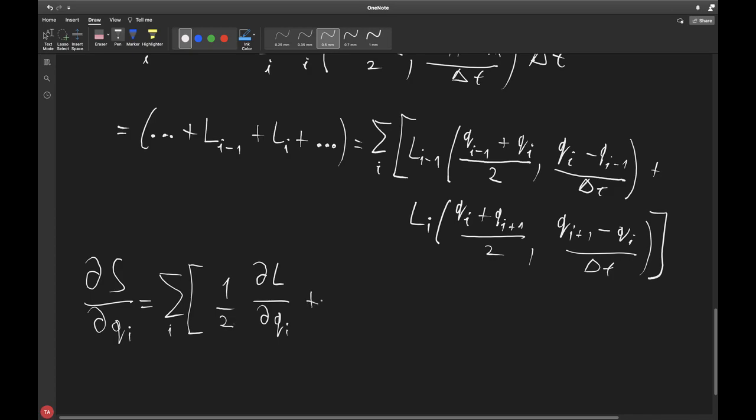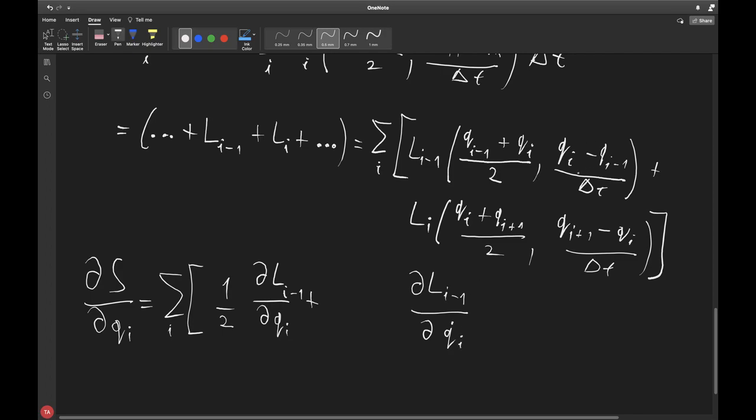And then I do the same thing with the next part of this function. So I actually forgot an i minus 1 here. So I take the derivative of L_{i-1} by the other parameter, by this thing. But you remember that this was the definition of q dot i.